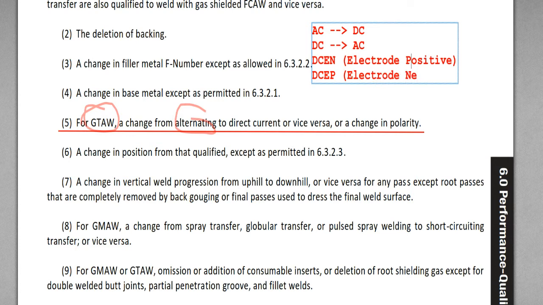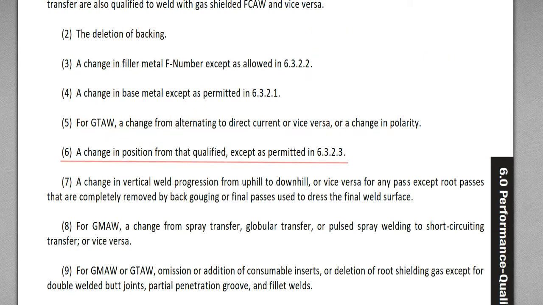I'm sorry, I wrote that the wrong way around. This is negative and this is positive. These positive and negative are polarity, and changing this polarity and vice versa requires requalification.